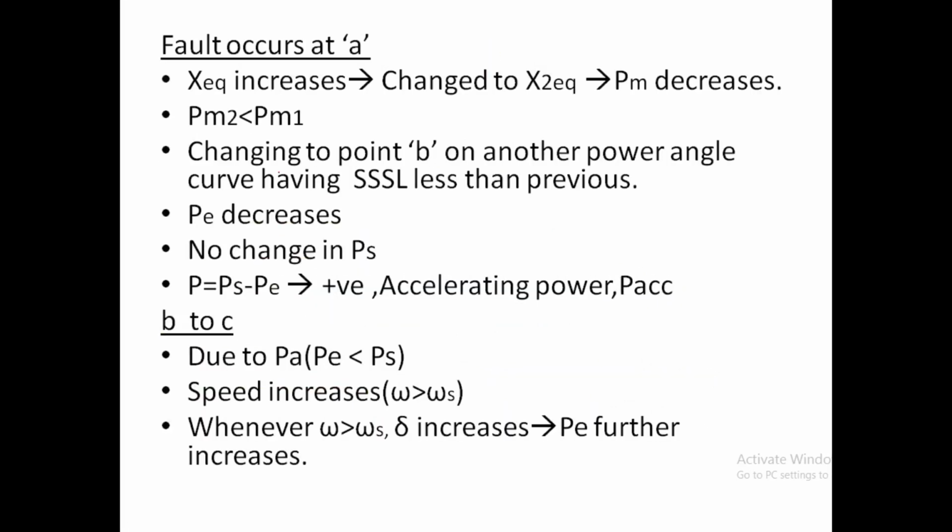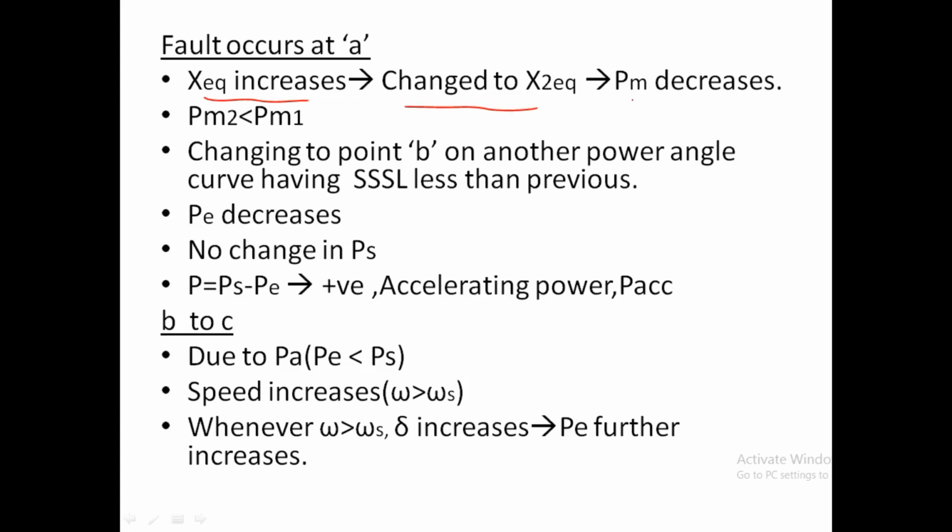Now we consider a fault occurring at A. At that point the fault has occurred. What happens when a fault occurs? The equivalent reactance increases. In the first diagram we have seen that when a fault occurs, the equivalent reactance increases and changes to X2 equivalent.